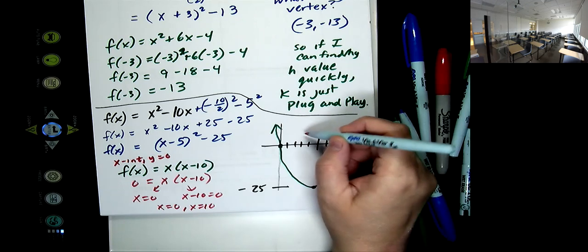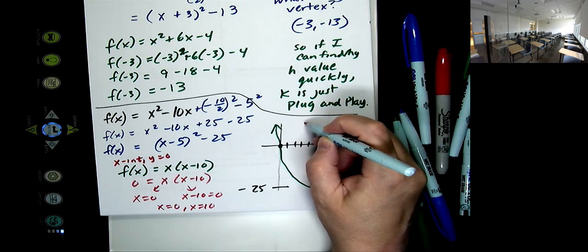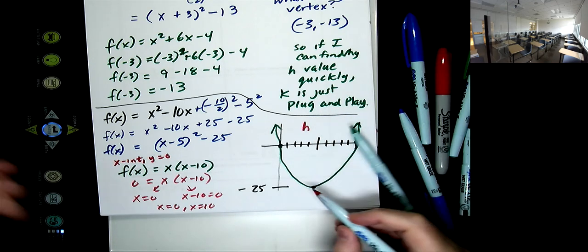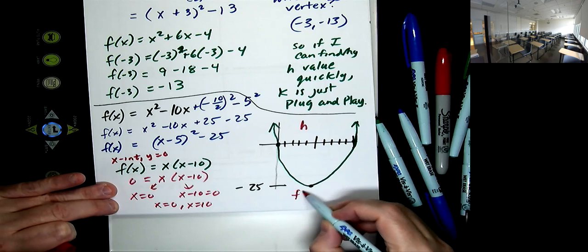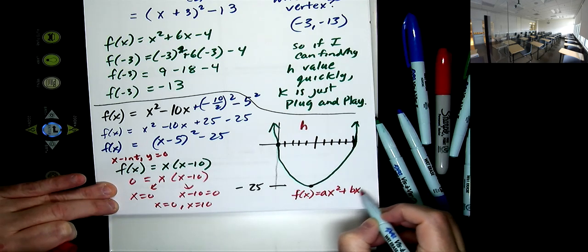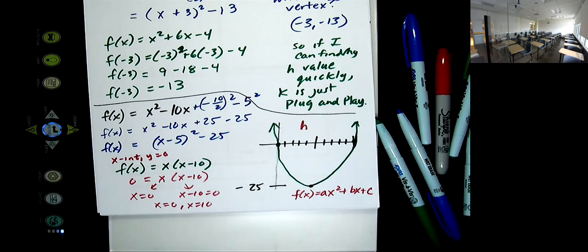There's another formula for this h. And it's based on the form f of x equals ax squared plus bx plus c. And we're going to do this again in an hour probably.